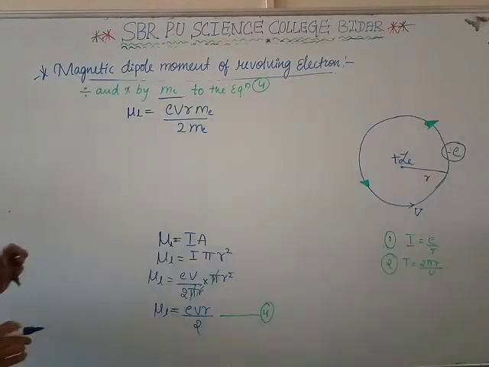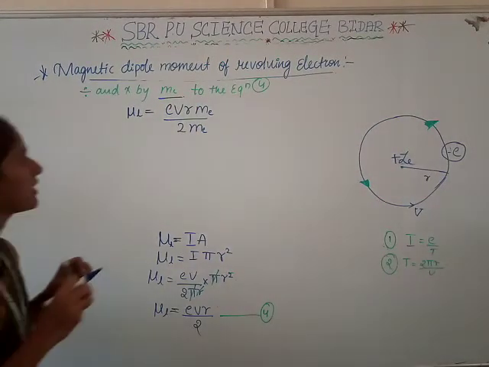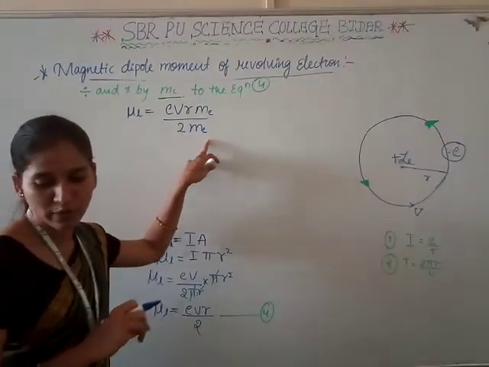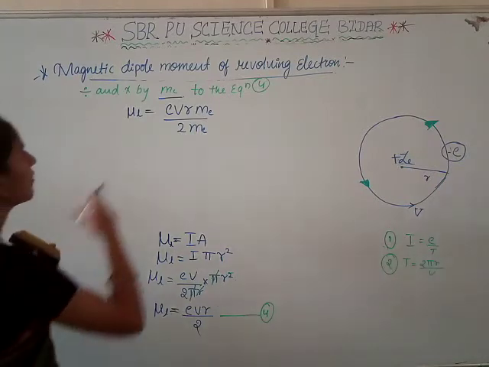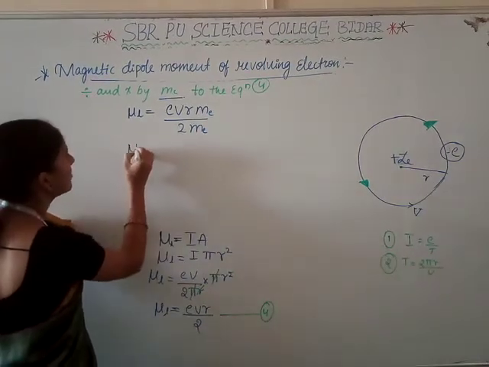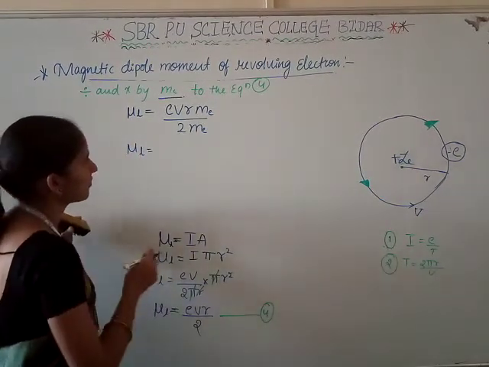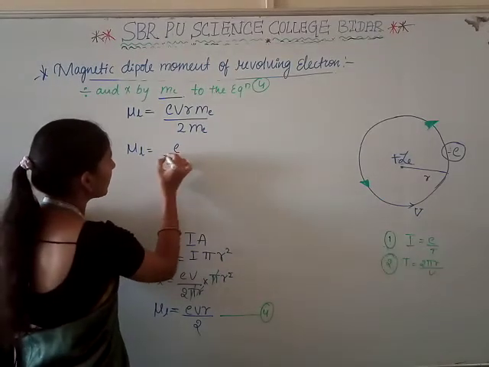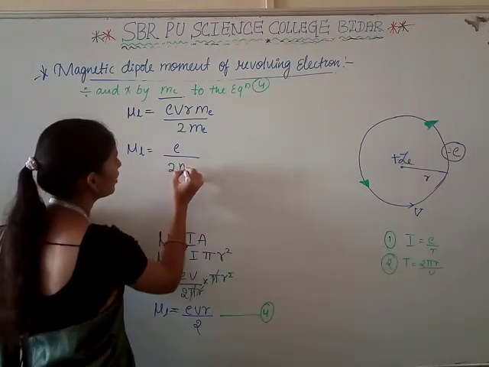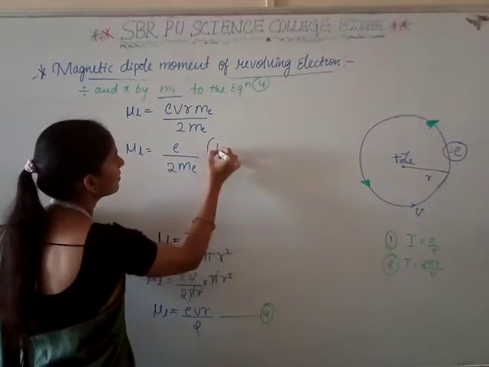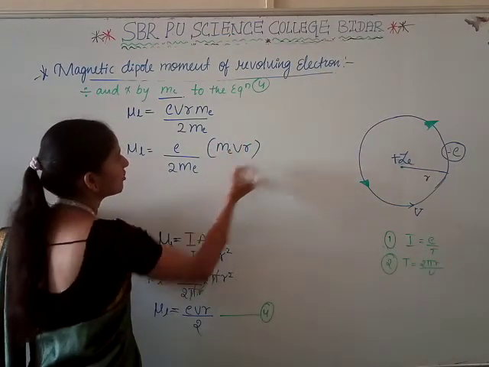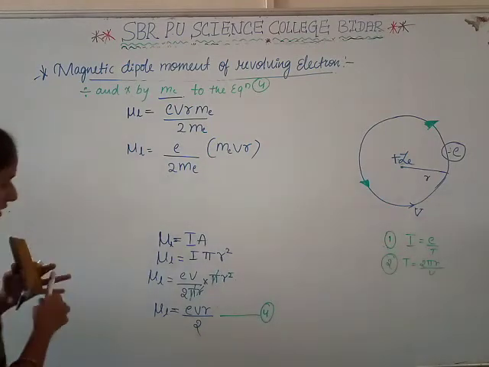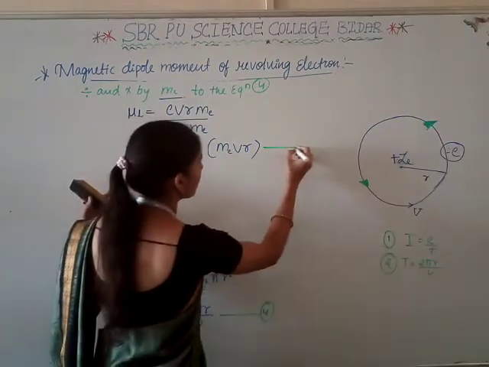We get μL is equal to eVr times me divided by 2 times me. Now we can write this as μL is equal to e divided by 2me, times me v into r. Consider this as equation 5.